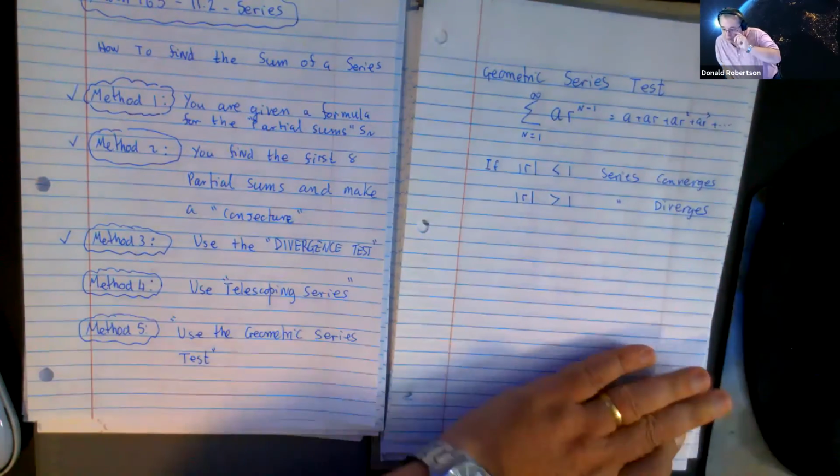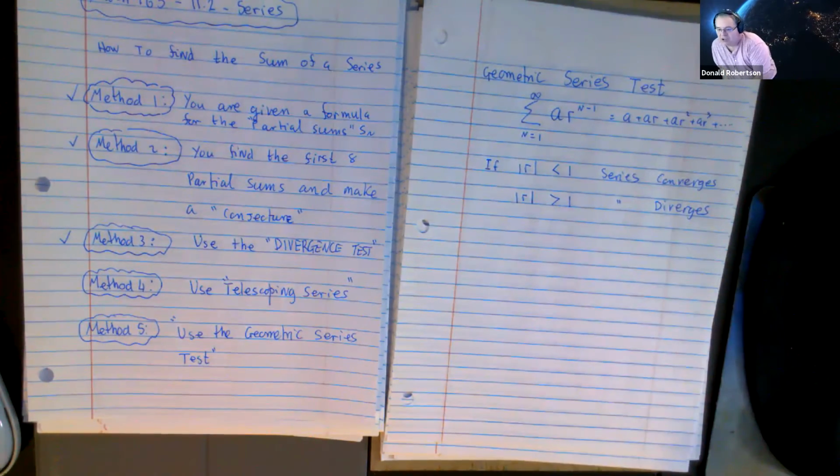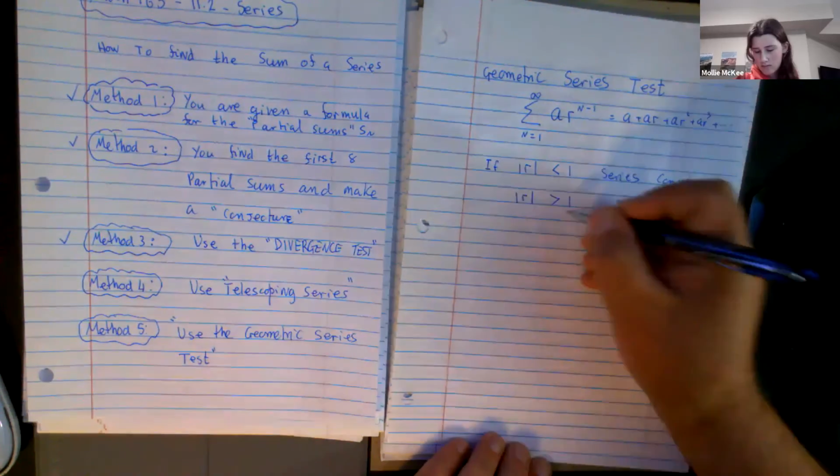What do you think you get when R is equal to 1? So you start with a number and you multiply it by 1 and you get the next number, and you multiply it by 1 and you get the next number, and then you add them all up. What do you think that series does? Converges or diverges? Wouldn't it diverge? Correct. So that guy gets the equals.